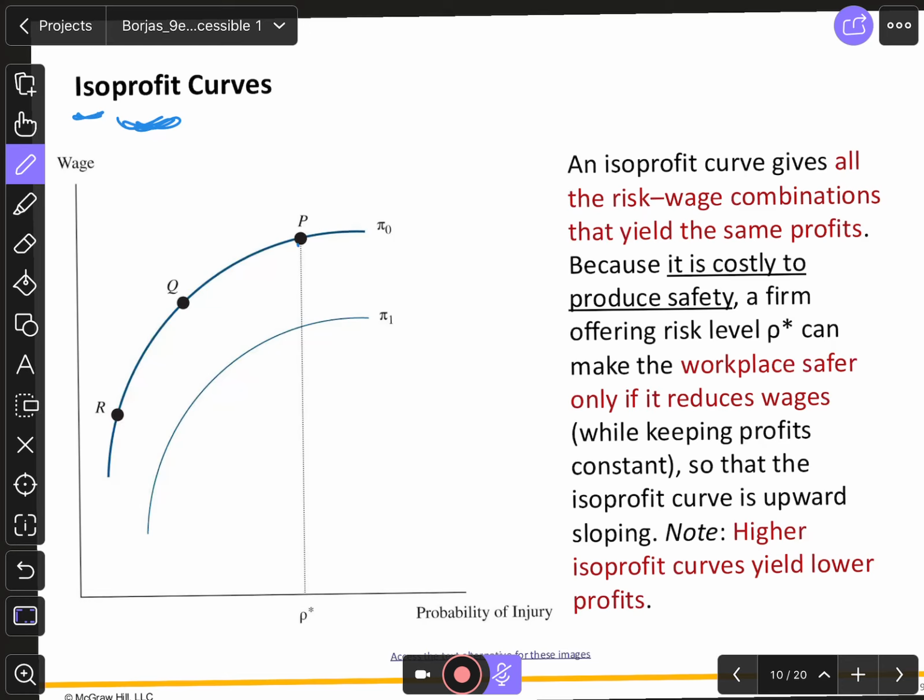Each and every point is showing the same amount of profit. So if this is just an example, 200k profit, then each and every point on that isoprofit curve is going to give the same amount of profit. Of course, the higher the probability of injury, the higher the profit.